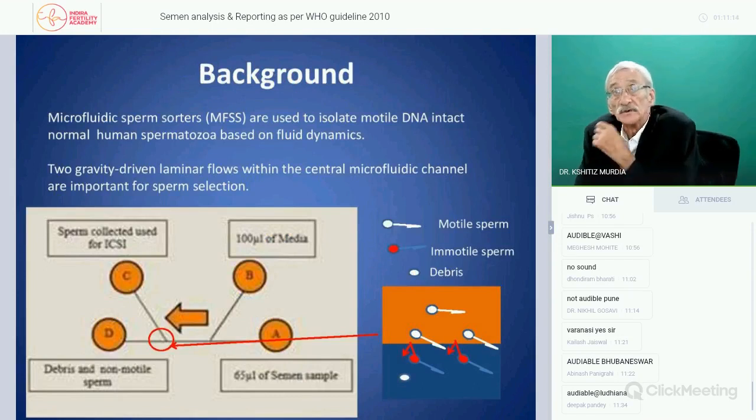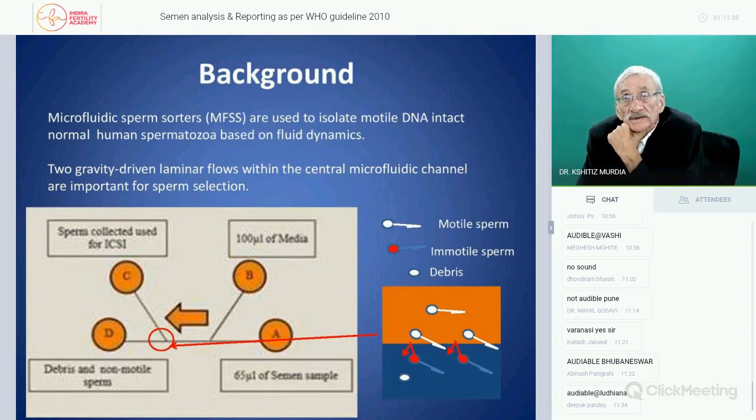They used the microfluidic system, which entails a laminar flow of medium through microchannels, and this causes motile sperm to cross the border where the channel separates because they are motile.